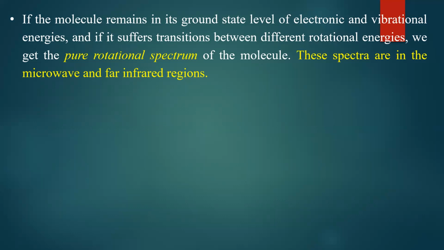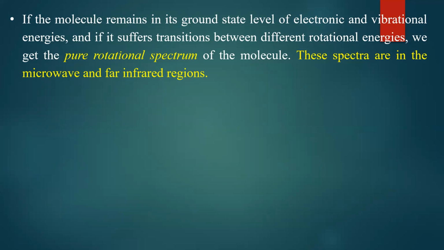Let us take the molecule to be in the ground electronic state and ground vibrational state, that is, vibrational energy and electronic energy are minimum. If within that state the rotational energies are different, the molecule can make a transition from a higher rotational energy level to a lower one, and that gives rise to the pure rotational spectrum.